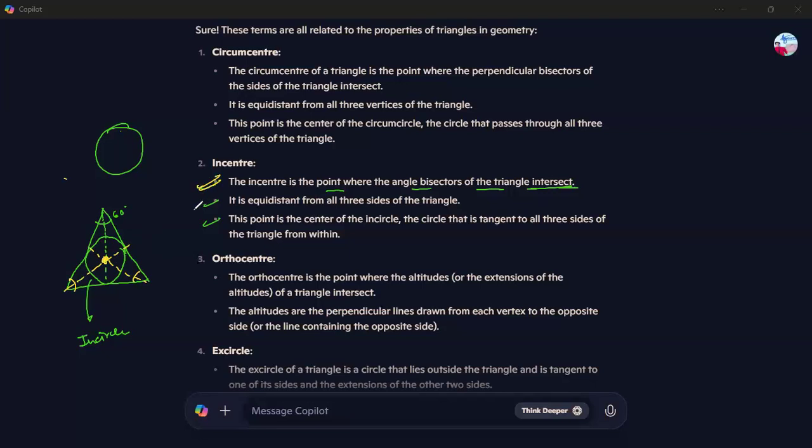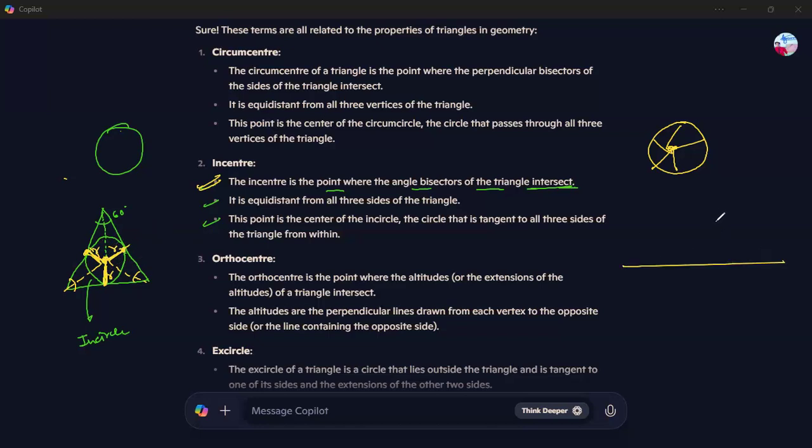The second property says that, as you know, in a circle the center is equidistant from all the points on the circle's circumference, right? So here, the points where it is touching, these three are all radius of the incircle, R, R and R. And what is this? This is the distance between the side and the point.